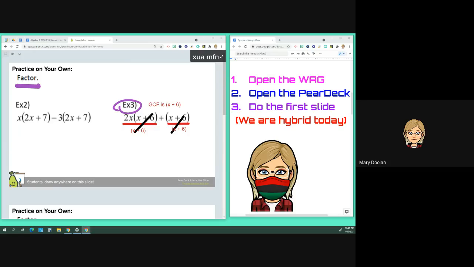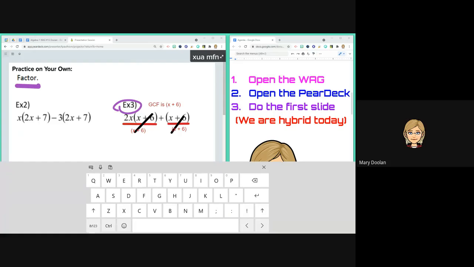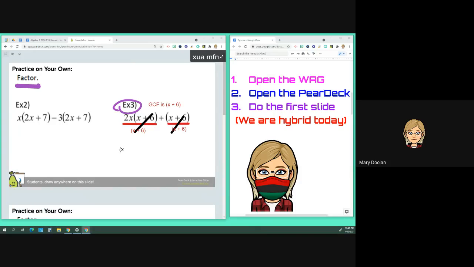And so after we divide, then we just want to write factored form. So we have x plus 6 as the first binomial. And then we'll have a second binomial with what's left over after we divided.